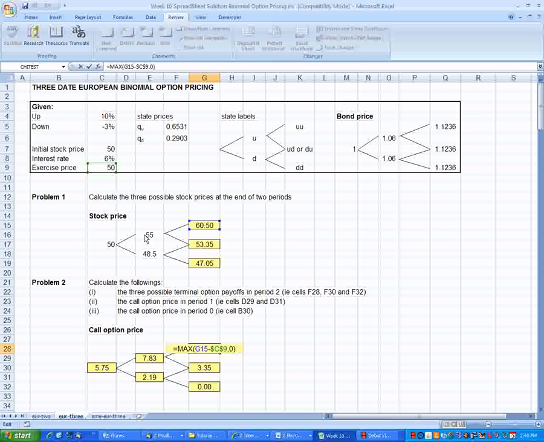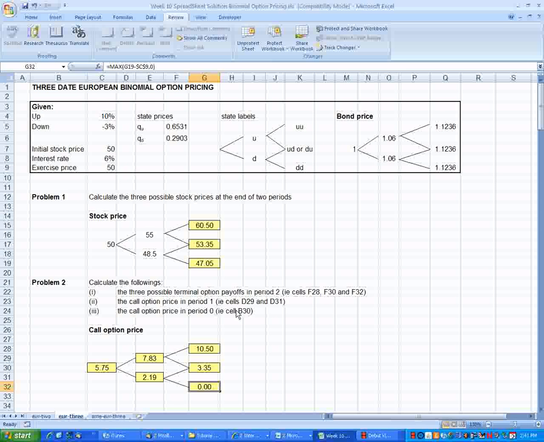So, in this state of the economy, the value of the call price is equal to $10.50. In this state of the economy, the stock price is equal to $53.35, and the exercise price is $50. So, we take $53.35 minus 50, or 0, whichever is larger, and it happens to be $3.35.